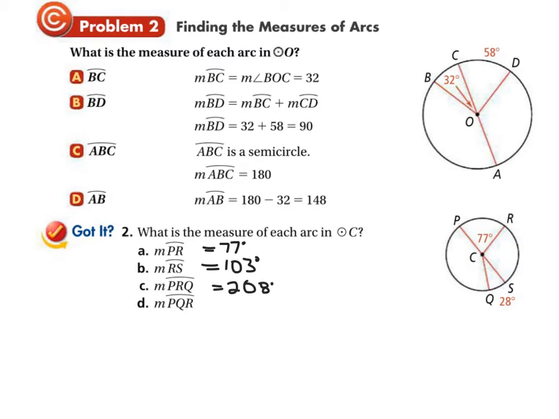Okay, finally, what is the measure of arc PQR? PQR going this way. Well, what we've got is the whole 360 minus this 77, everything but this 77 degrees out of the total of 360. So if you took 77 away from 360, that would be 283 degrees. Yep, that's how you do it. Let's keep going.